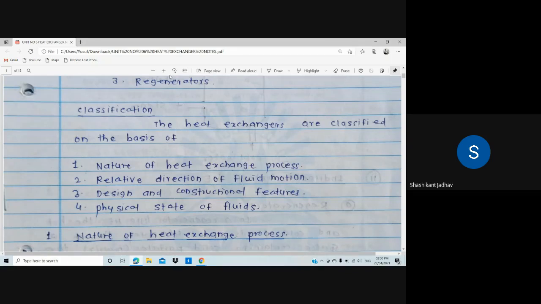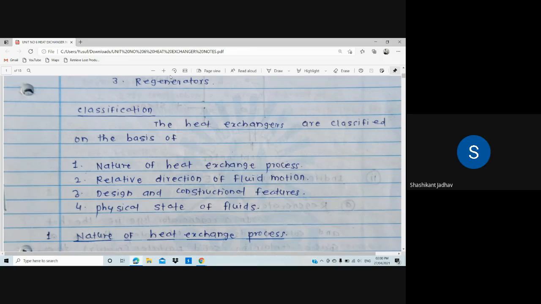Compact heat exchanger, many electronic equipment use the compact heat exchanger. So according to the design and construction feature, ट्यूब असेल तर कॉन्सेंट्रिक एक्सचेंजर, एक मोठं शेल आहे त्याच्यामध्ये नंबर ऑफ ट्यूब्स असतील तर शेल, पण नंबर ऑफ शेल असतील तर compact heat exchanger.